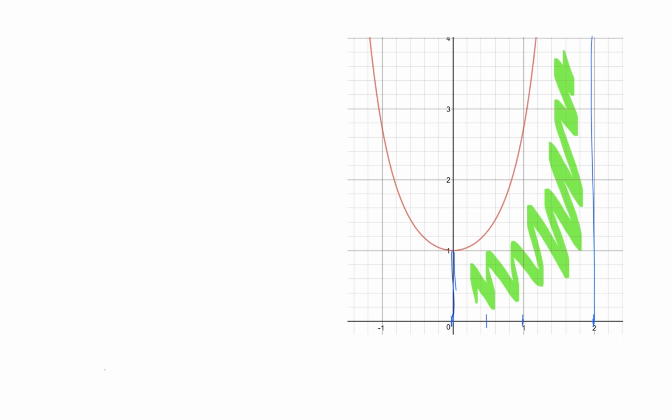Trapezoidal is kind of doing it after, because in a way you are finding the right endpoint approximation, the left endpoint approximation, and then finding the average between those. That's one way to think of the trapezoidal rule. It's sort of the average of the left endpoint and the right endpoint.